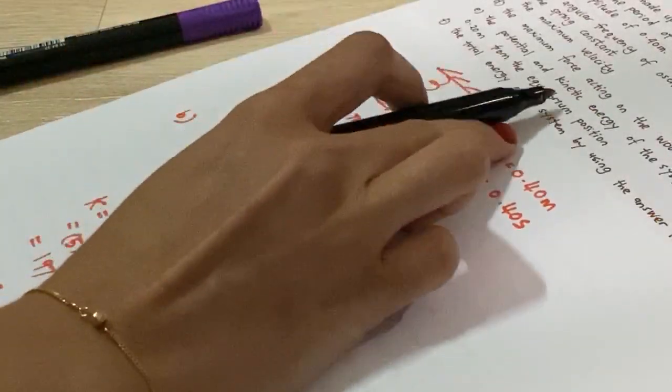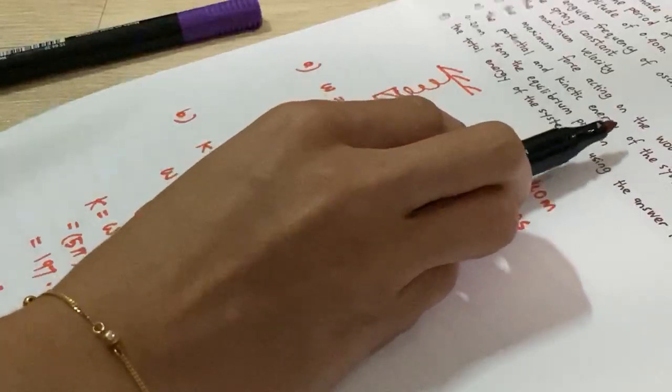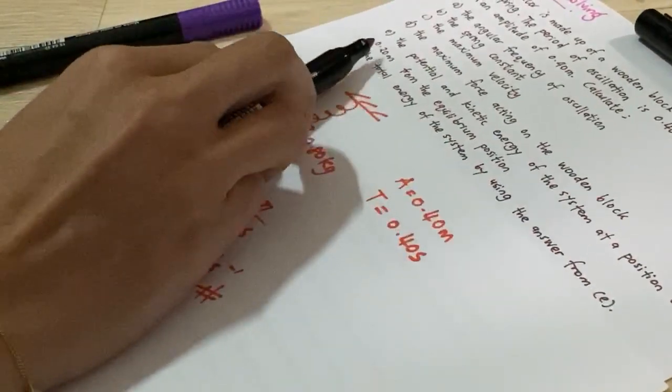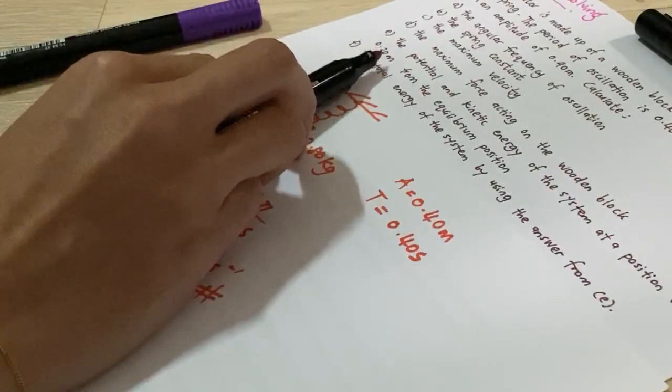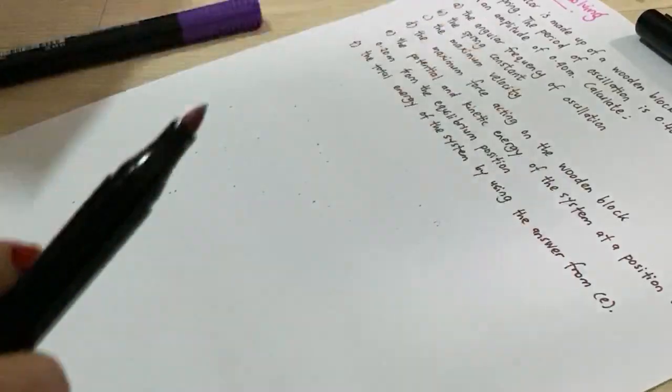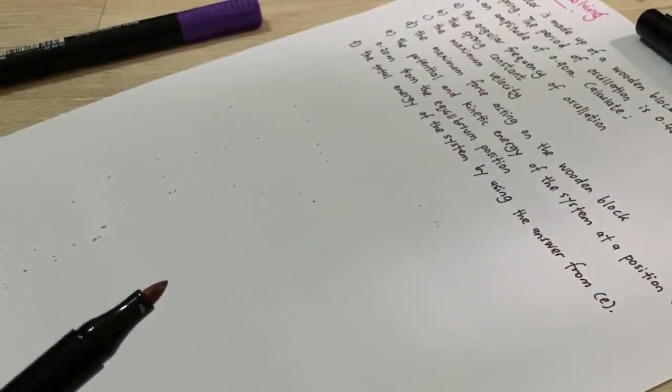Next, the question asks to find the potential and kinetic energy of the system at a position of 0.2 meter from the equilibrium position.